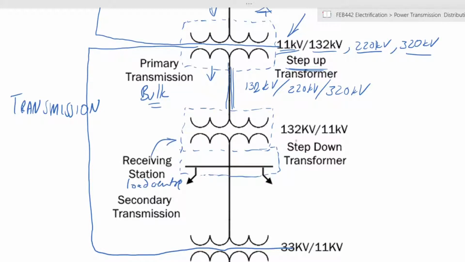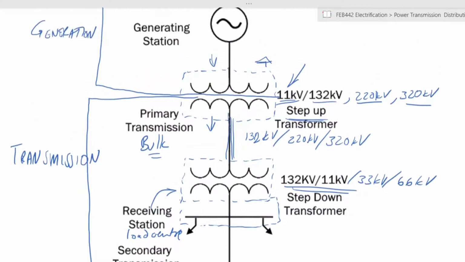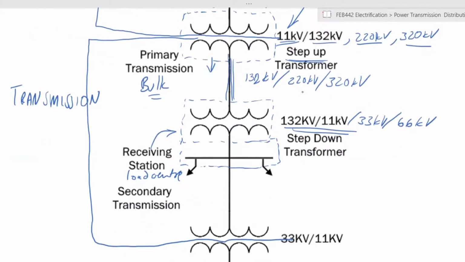There is a step down transformer that now brings it back down from 132 kV or 220 on this side to 11 kV or 33 kV or even 66 kV. So what you will now find is that at the primary transmission, you are consolidating various power generating stations, and it now distributes it near to the load centers around the country.